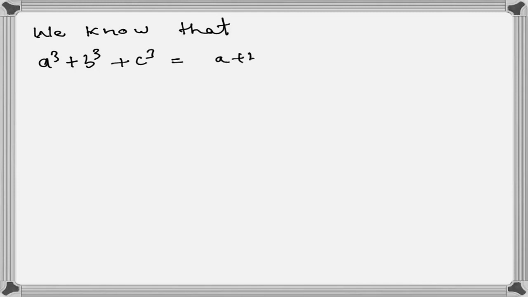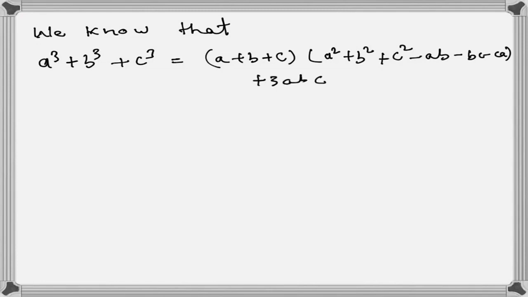As we know that A cube plus B cube plus C cube is equals to A plus B plus C into A square plus B square plus C square minus AB minus BC minus CA, plus 3ABC.